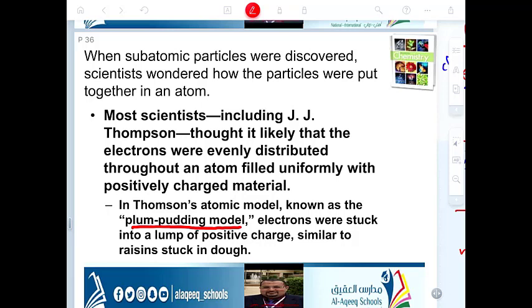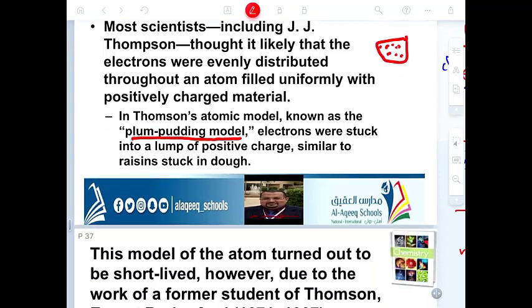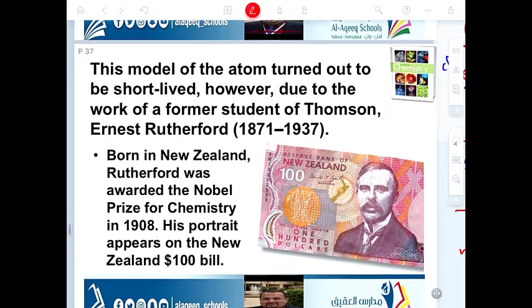They imagined, for example, the negative particles like raisins in a muffin or dough, like a muffin like this, and this one of the charge, and the raisins inside the other charge, like I explained in the previous slide.